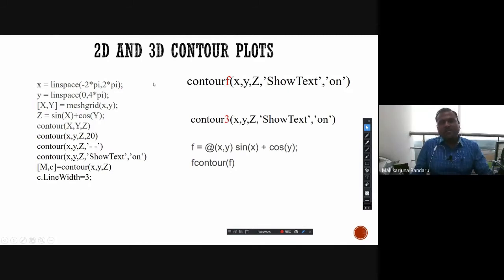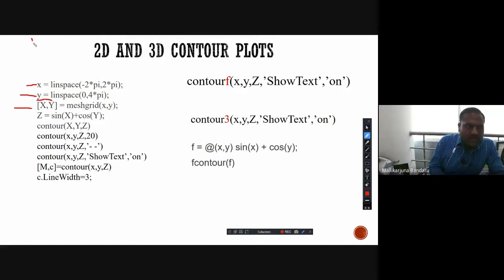Contour plots means it is two-dimensional. So that means we need to get the x and y. So x data we need to get and y data we need to get. But observe here, this is not like earlier. This is suppose x data and this is y data. But why are we making these? This means to draw actually we need to get the x and y axis, right?